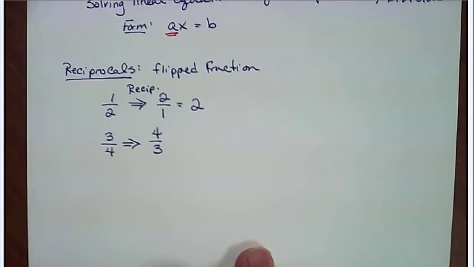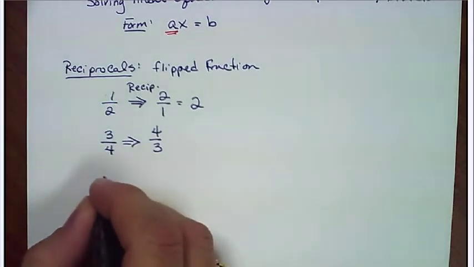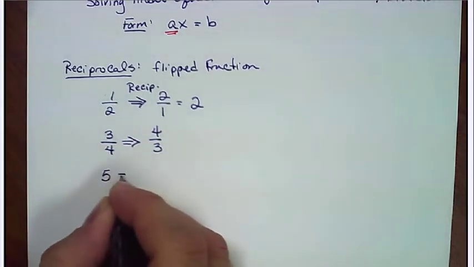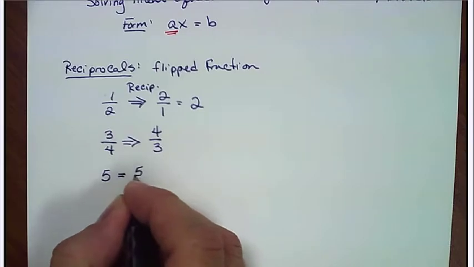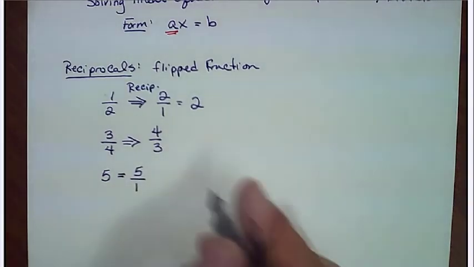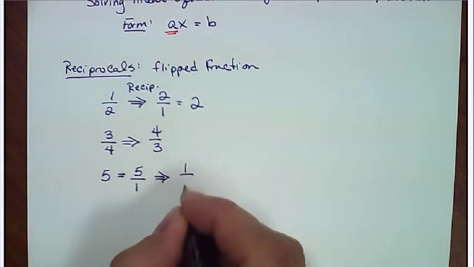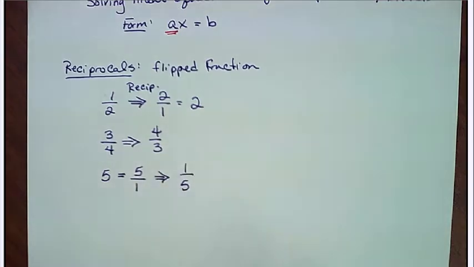And then another thing that we probably need to bring up is, what if I had a whole number? What if I had something like 5? Well, remember that any whole number can be written as a fraction just by putting it over 1. So 5 is actually equal to 5 over 1, which then my reciprocal would then be 1 over 5. Okay, so all of these are finding reciprocals.